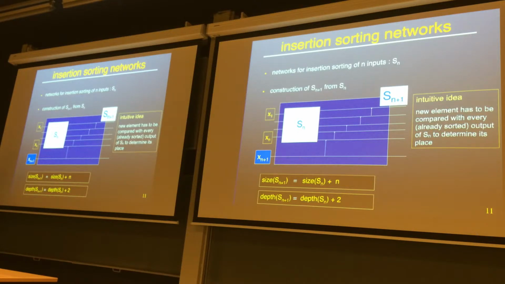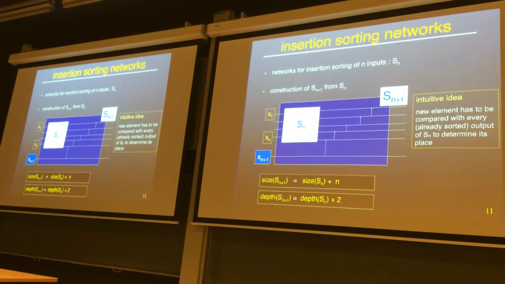Why? Well, imagine that you have a certain output line. What is the maximum number of comparators that are touching a path additionally, above the number that appears in S_n? Here we have the number in S_n, and take an output line, and you see that two comparators are touching such an output line. Take an arbitrary one, and you see that for every output line it adds two additional comparators touching.